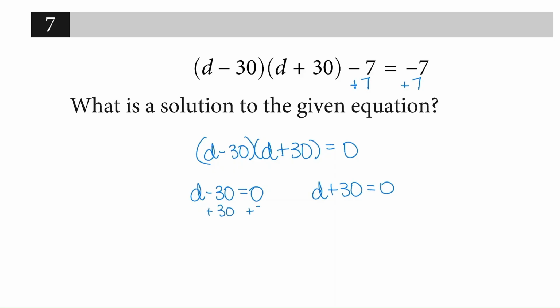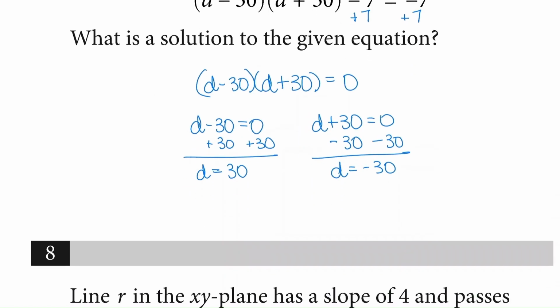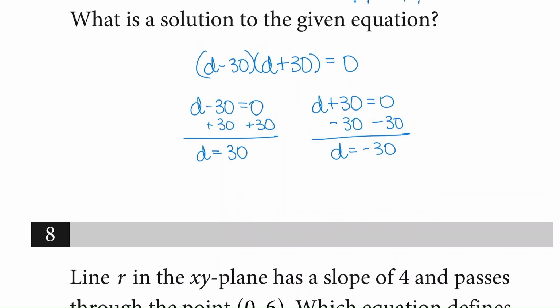By doing inverse operations in the addition property of equality, we can go ahead and add 30 to both sides there. Then we'll go ahead and subtract 30 from this side, so d equals negative 30. Either one of these answers is sufficient to write down.